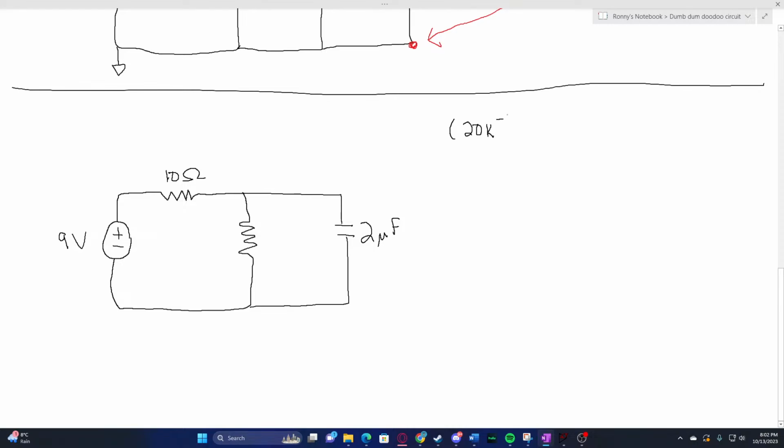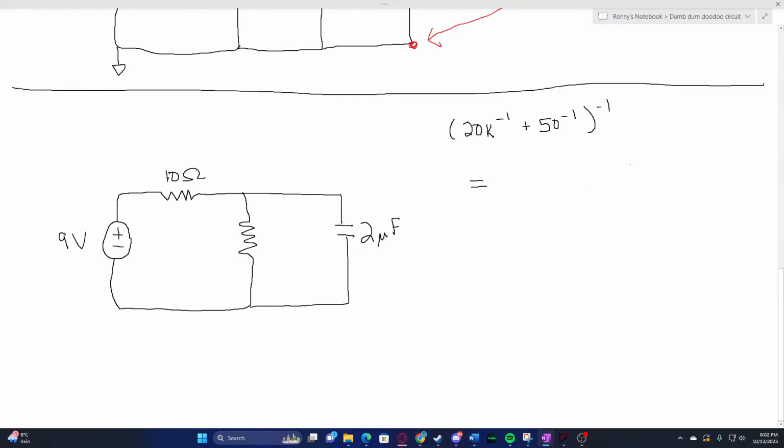So let's do 20k to the negative first plus 50 to the negative first, all to the negative first. When resistors are in parallel, this is a way that you can solve for what their equivalent resistance would be if they were one resistor.